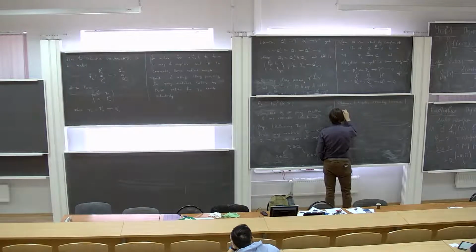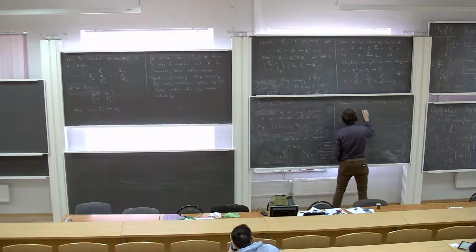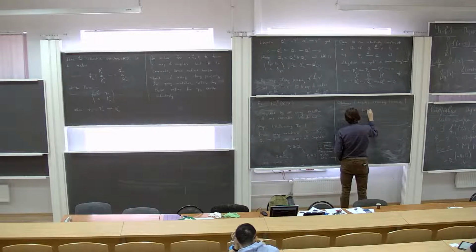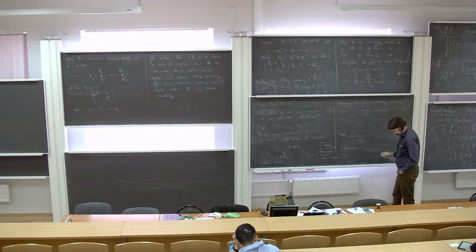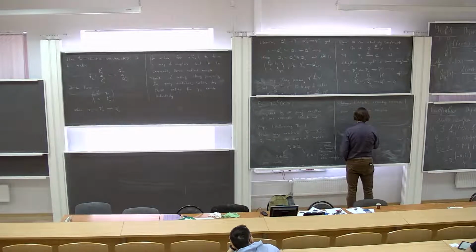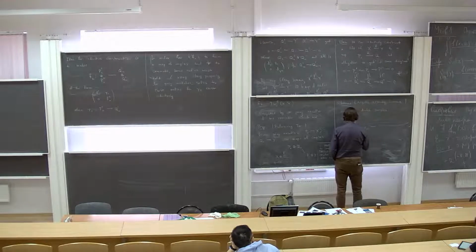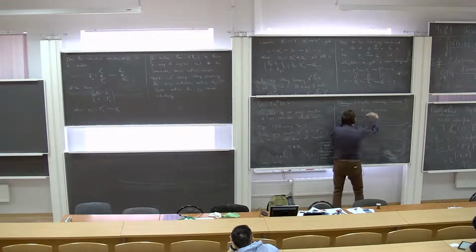So given, let's see, given a double complex of the form, so it's going to be kind of upper half plane.